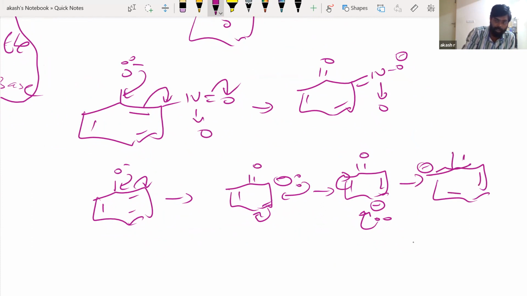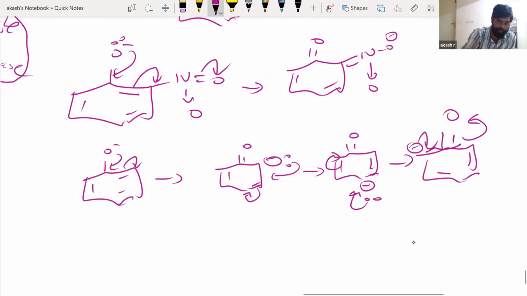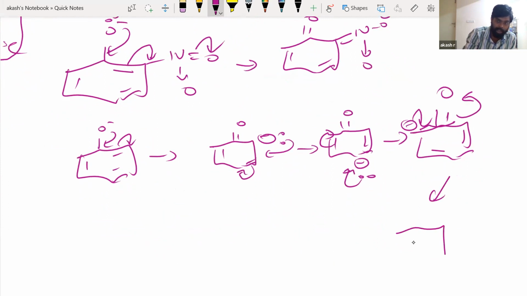Already there is one double bond, and there is no double bond O. So the last step is that you will write this, and this bond will go back to oxygen, right? So now the last one is going to be again O minus only, but now the double bonds are shifted. These are all the resonance structures of the phenoxide ion.